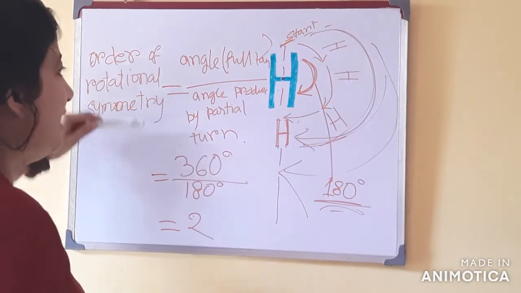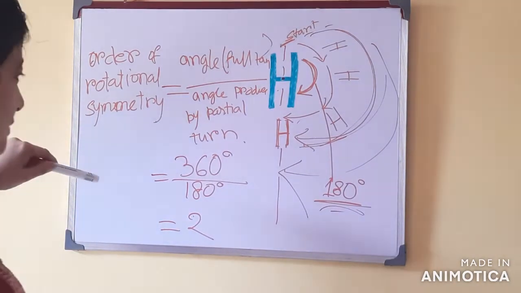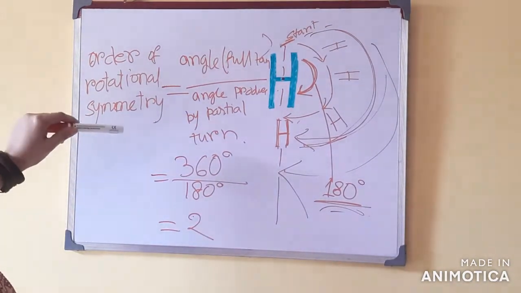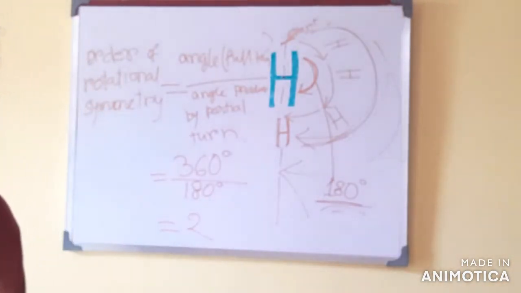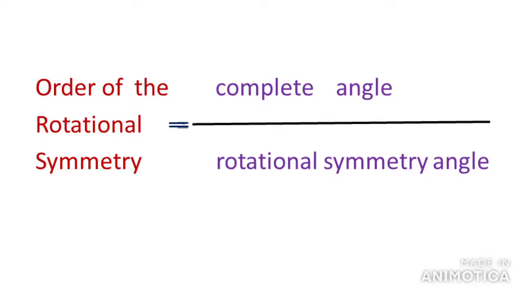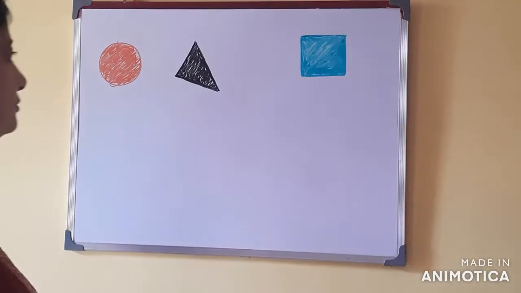Now I will again show this, finding the order of rotational symmetry in the case of a square. So the order of the rotational symmetry is the complete angle divided by the rotational symmetry angle. Sometimes the rotational symmetry angle is simply called the rotational angle also.